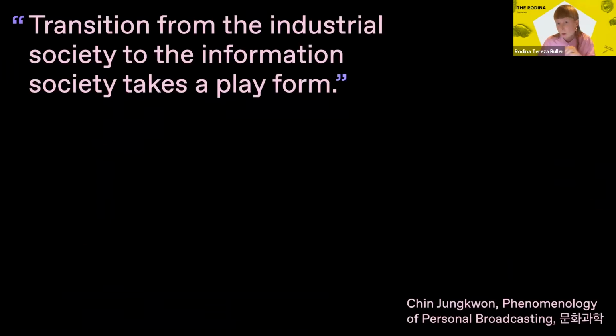Shin Jung-kwon, a South Korean scholar, explores how play becomes hijacked by the capitalist mode of production. He writes that the transition from the industrial society to the information society takes a play form. So play is really important. Gamification, right? All these modes are part of capitalist production, a way of labor.